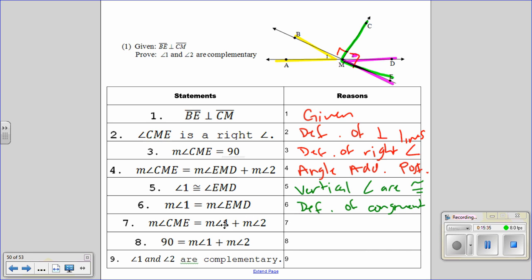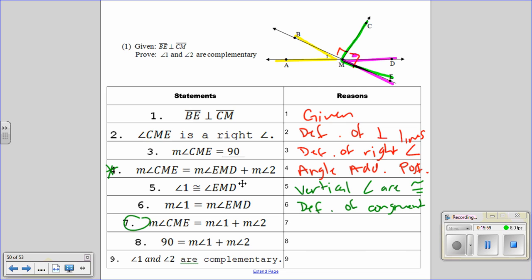So now it says the measure of angle CME is equal to the measure of angle 1 plus the measure of angle 2. If you notice back in statement 4, originally we had EMD and 2. Now we're saying in statement 7 that we have 1 and 2.